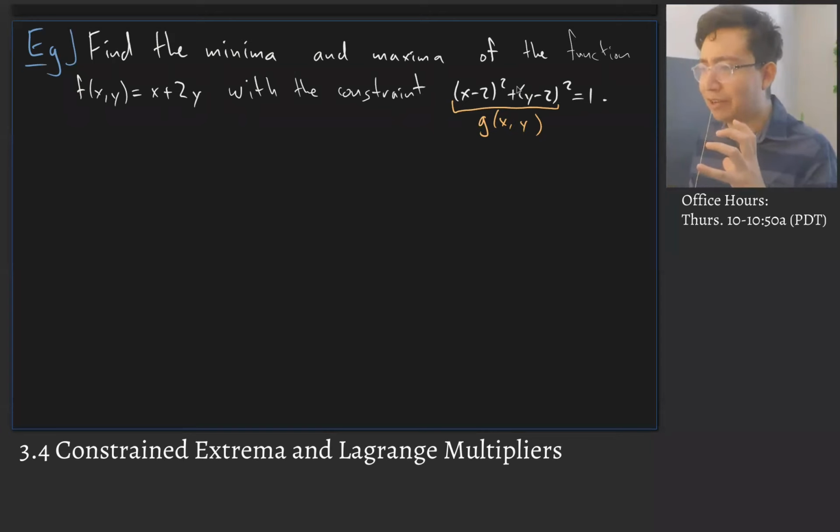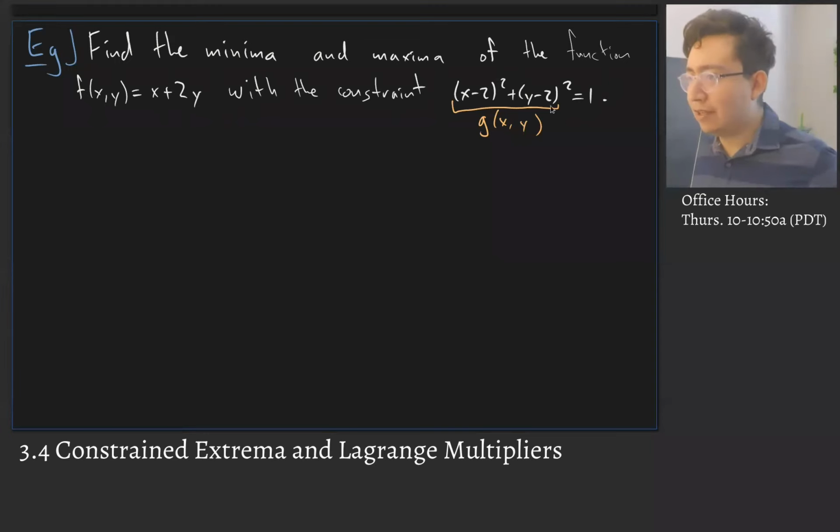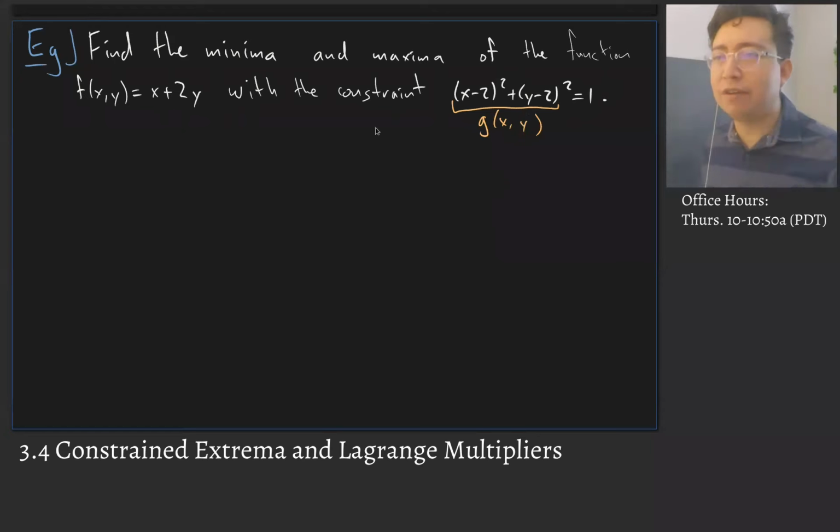Technically, you could expand this out and move even more constants to the other side, but it doesn't really matter. The point is that if you get all of the variables on one side, you just let all that stuff equal g of x, and that is your constraining function.